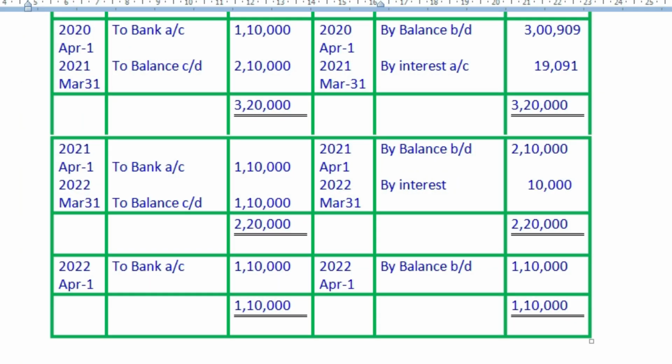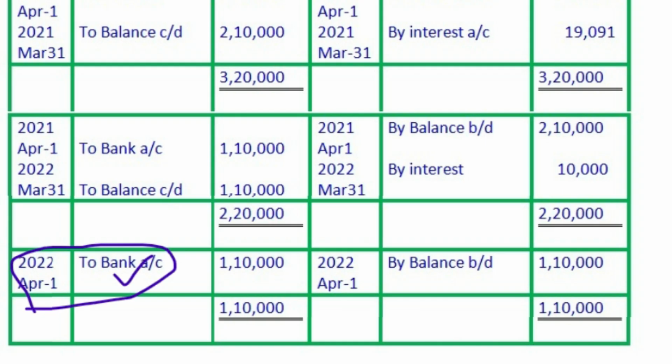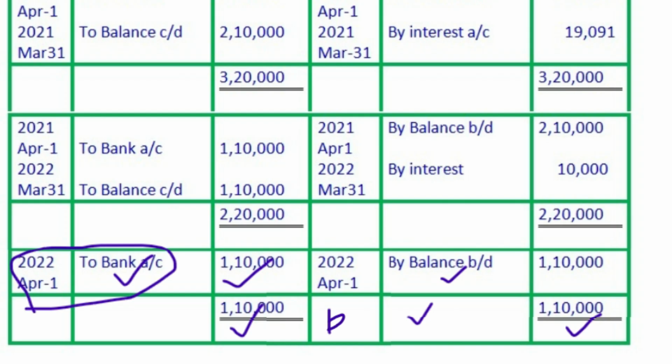No balance is left after the final installment is paid to the vendors. Now 1,10,000 on the debit side, 1,10,000 on the credit side, both sides equal, no balance left unpaid, so all the amount is paid to the vendors. Now the hire purchaser became the owner of the machine.